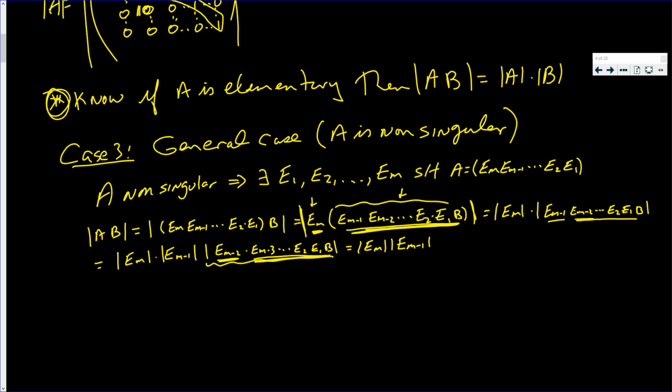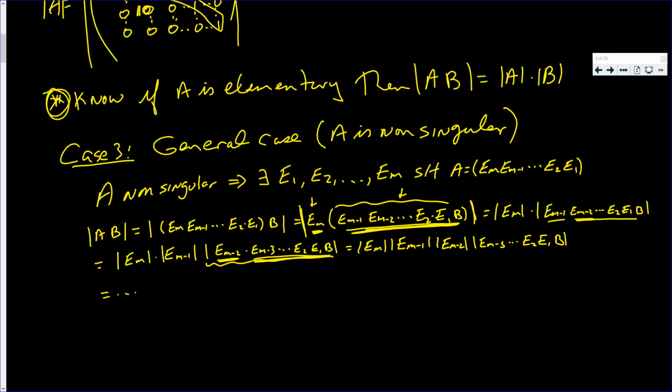Invoke star. This is the determinant of E_(M-2) times the determinant of the rest, E_(M-3), all the way down to E2 times E1 times B.